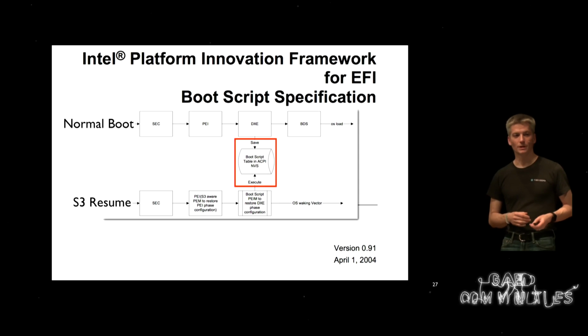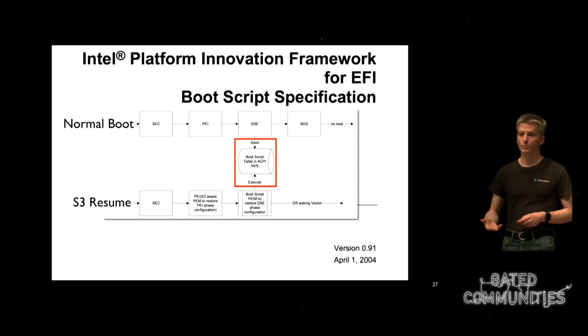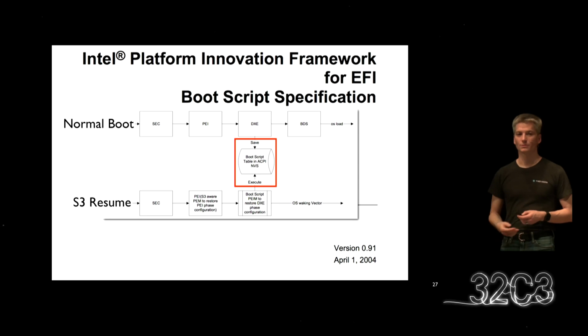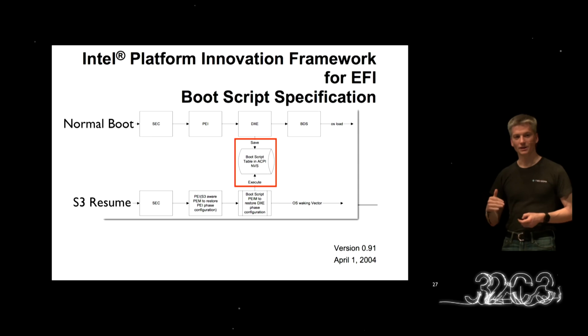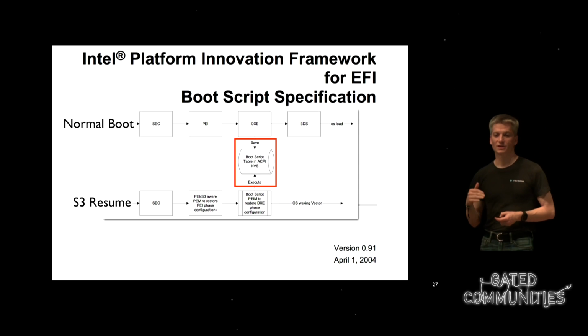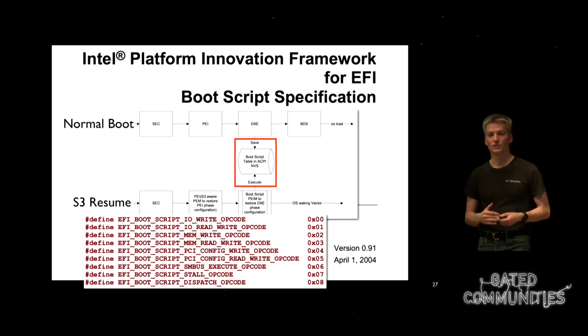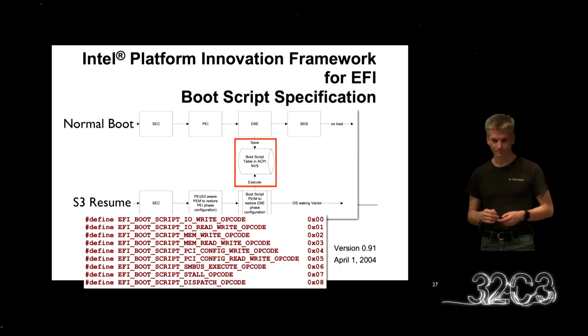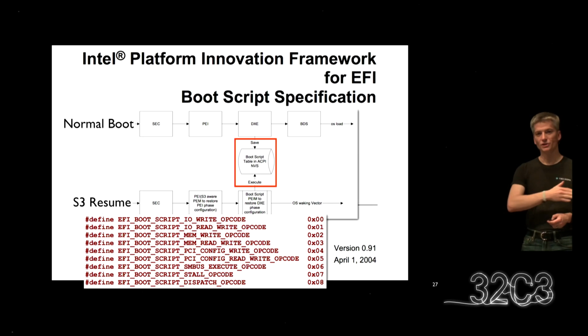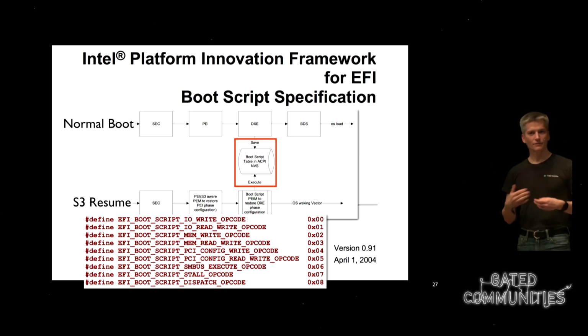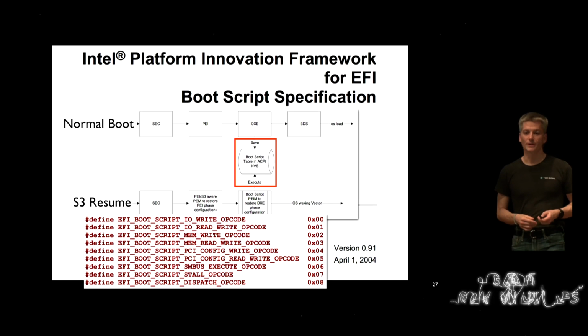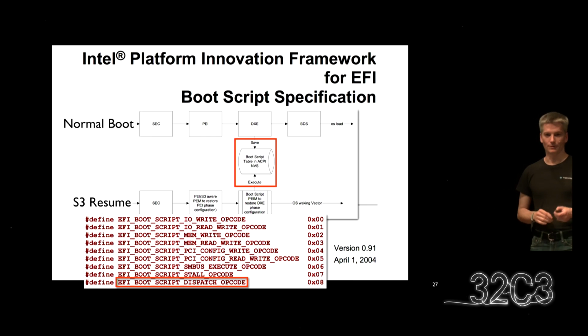During a normal boot, the system probes for connected devices, looks to see what's out there, and it writes a sort of cheat sheet of memory addresses and configuration registers into this boot script. And then on a resume, it just runs through the script right into those same addresses. Not everything can be expressed in just a simple write, so there's a dispatch opcode that gives you the ability to put in a function pointer.